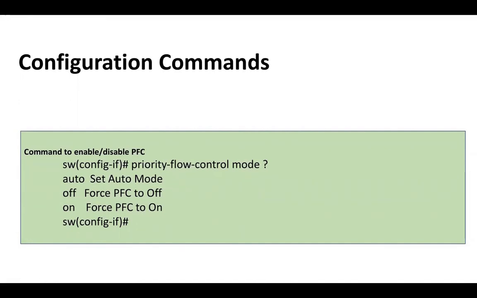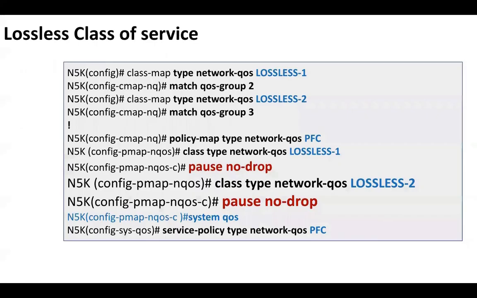PFC can be enabled on a per-port basis using the priority-flow-control command. When we enable PFC on a port, then PFC will be applied to the traffic that matches the CoS configured for the no-drop class. Let's have a look.